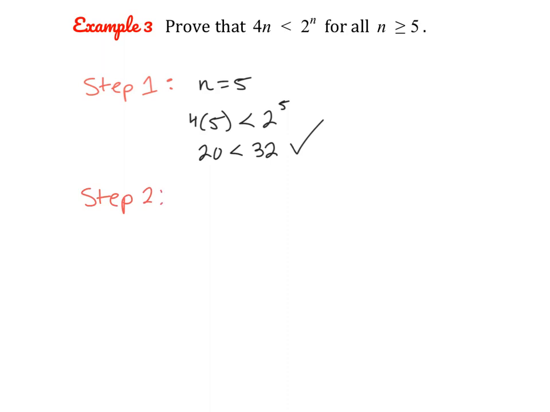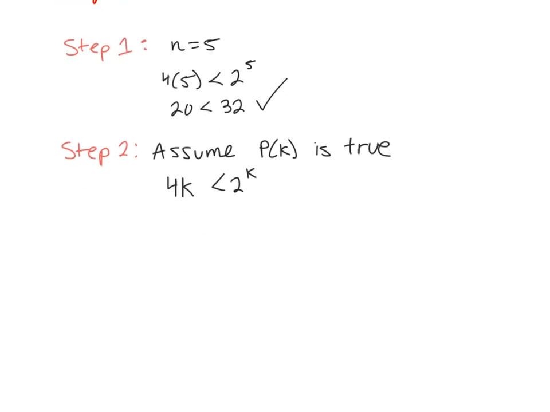And we're going to assume that this formula works for k. So we're going to assume that P of k is true. So we're making the assumption that 4 times k is going to be less than 2 to the power of k. So now we want to show in step 3 that it also works for P of k plus 1.